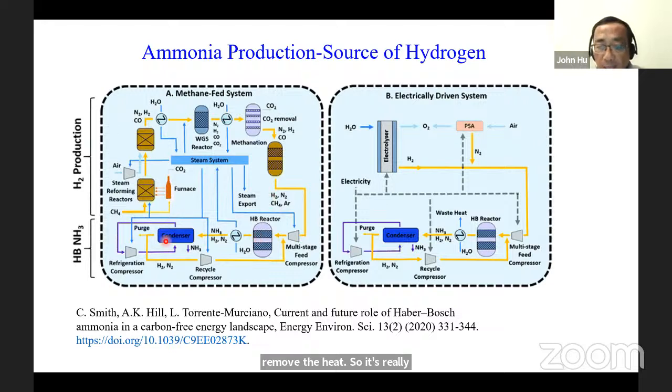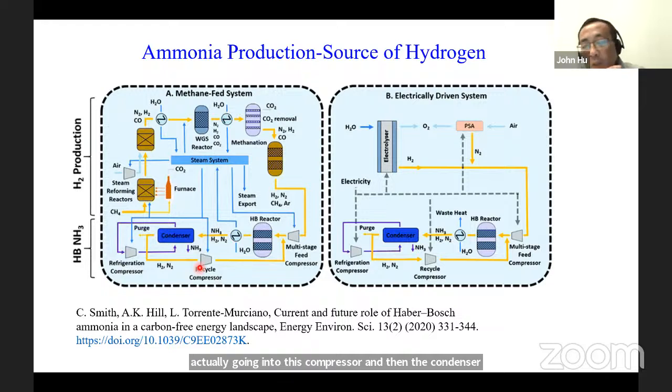It is this back end that consumes a lot of energy, give or take, for every kg of ammonia produced, you need 7.8 million BTU, the equivalent of the energy injected. The energy doesn't go into the Haber-Bosch reactor, it actually goes into this compressor and then the condenser. Make sense?